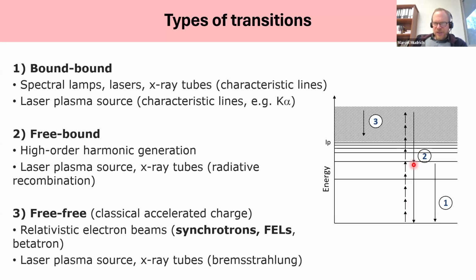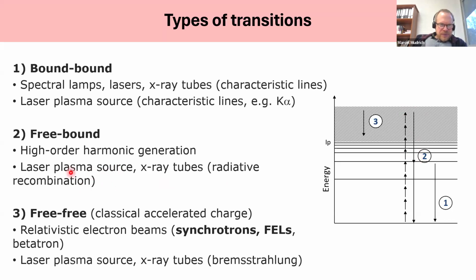This kind of transition also emits radiation, and that's what is used in high harmonic generation, with the three-step model. The electron is elongated away from its core, then driven back by the electric field of the laser pulse, and recollides, recombines, and emits radiation.